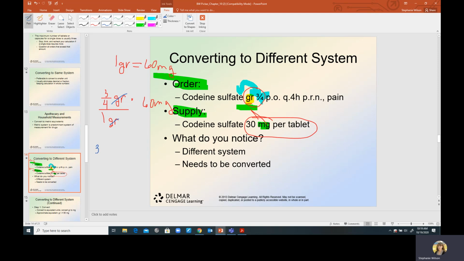Basically it means it's 3 times 60 divided by 4. We know that 3 times 60 is 180, and we're going to divide that by 4.